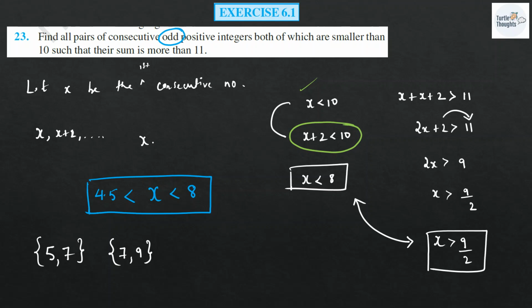Because we are considering x, x plus 2. We are just concerned with x. So these two are going to be the solution set. So these are pairs of consecutive odd integers such that both of them are less than 10, but their sum is more than 11. Is that clear? I have a couple more problems. We'll be solving those as well.